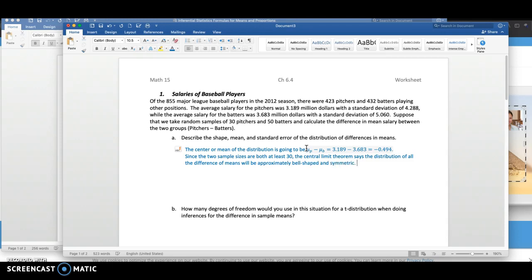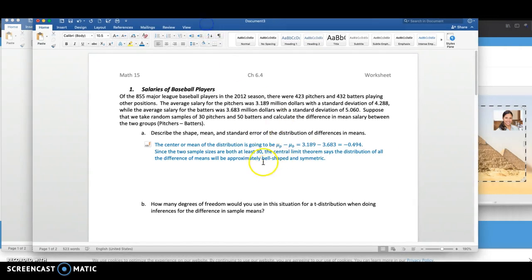It will look like the normal curve, as long as we have a large enough sample size. And we're going to go with at least 30 or more.